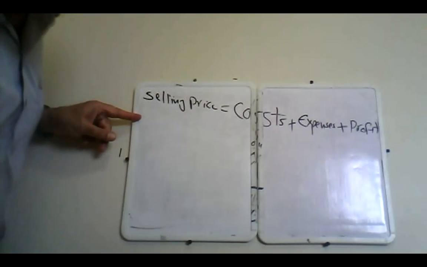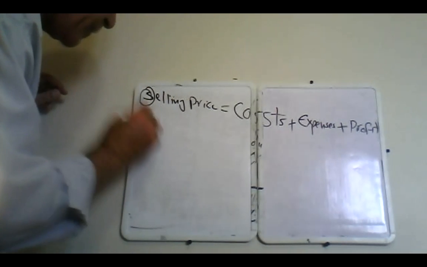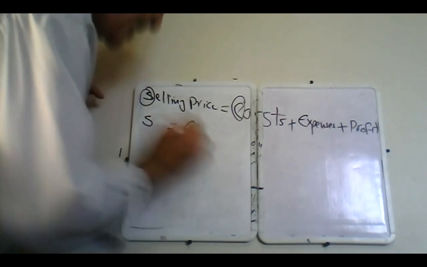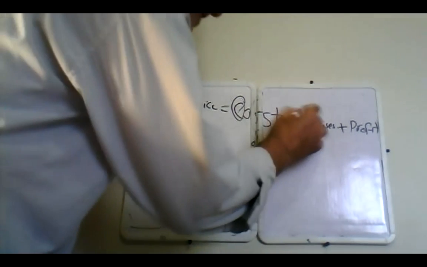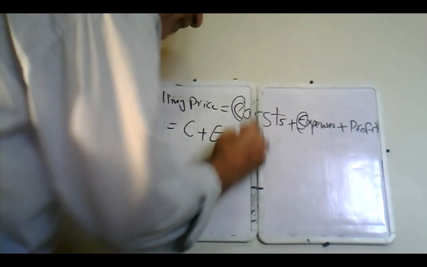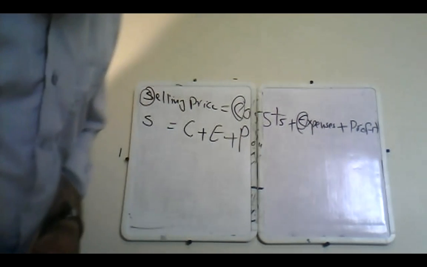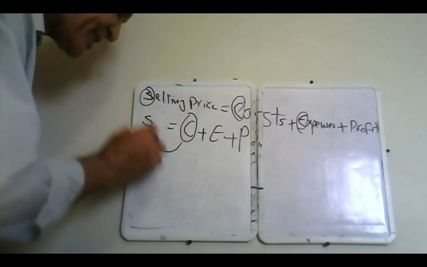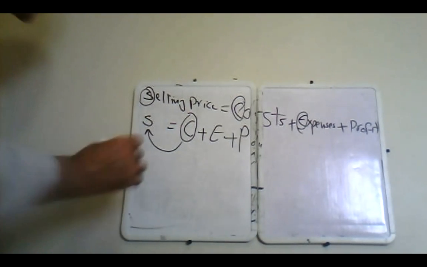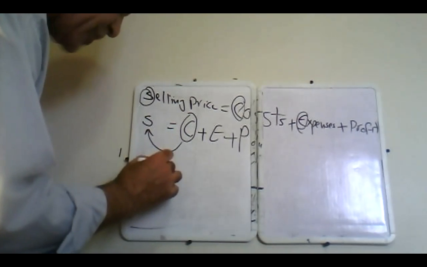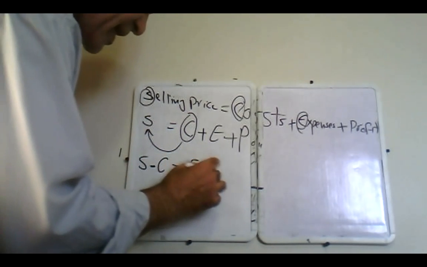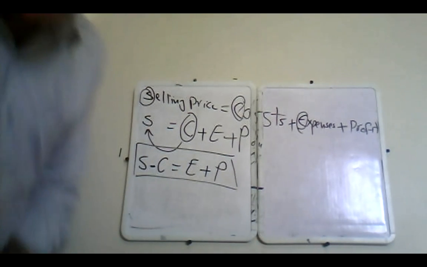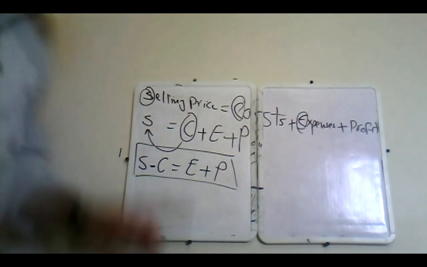Okay, let's say the selling price, then it will be S, selling price equal cost C plus expenses E plus profit P. That's right. Okay. What I will do is I will take the cost to this side here. Then selling minus costs equals expenses and profits. Selling minus costs equal expenses and profits.